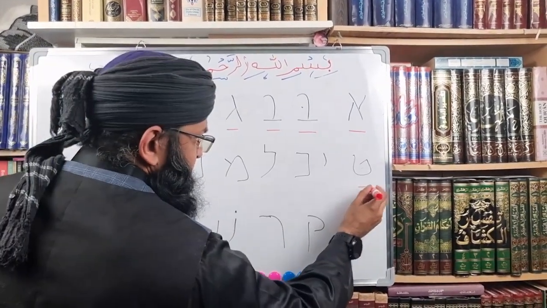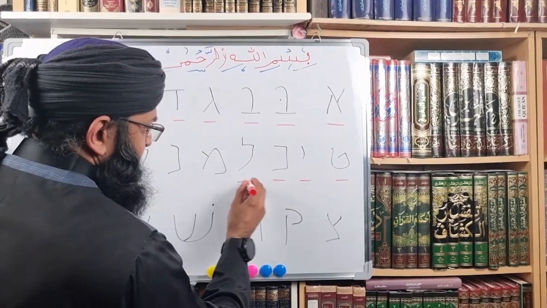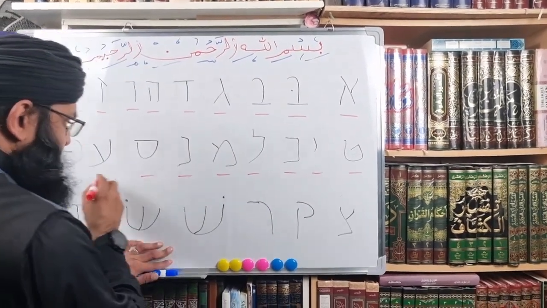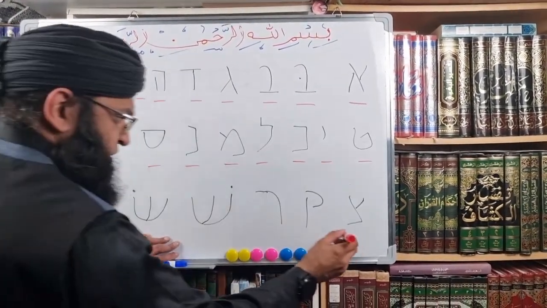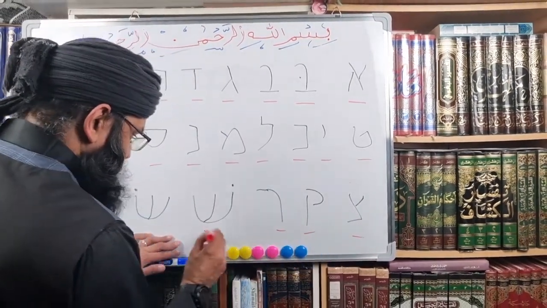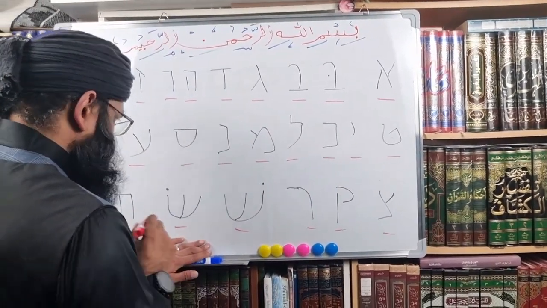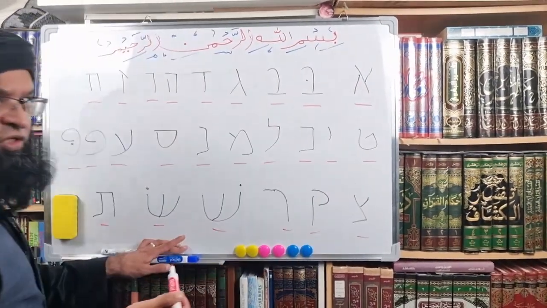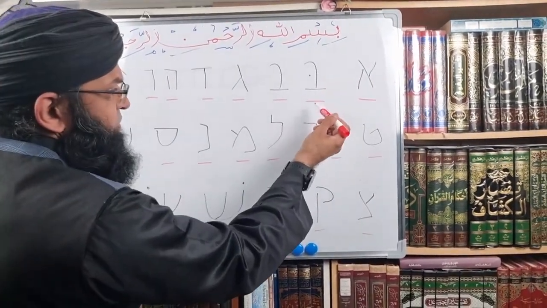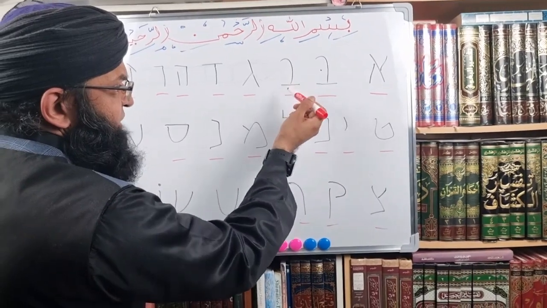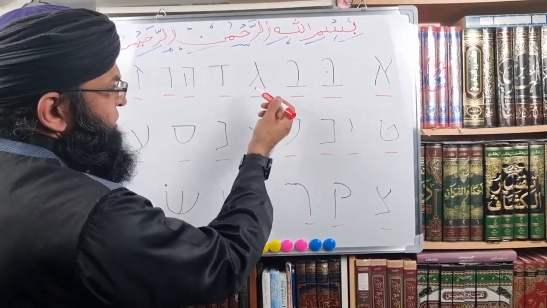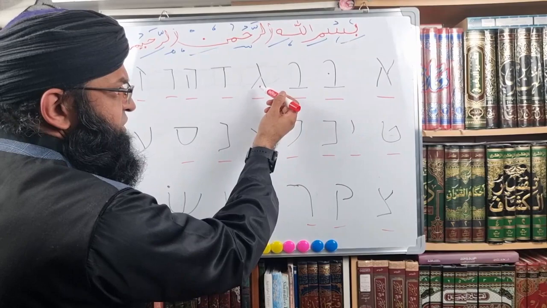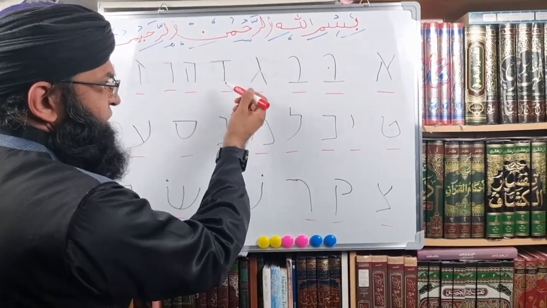The patah produces an A vowel sound. So alif, patah, a; bet, patah, ba; vet, patah, va; gimel, patah, ga; dalat, patah, da.